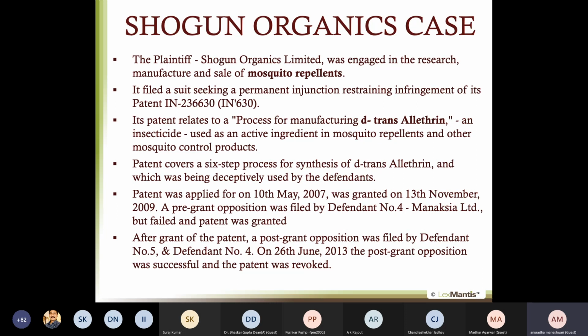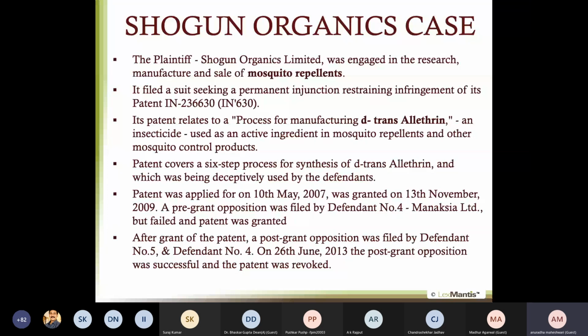When they filed the patent, they filed various claims, but basically they gave a 6-step process of making this D-trans-allethrin. But they subsequently discovered that their competitor was using this process and marketing the product under the competitor's name. That means they were using their patented process for marketing their product.